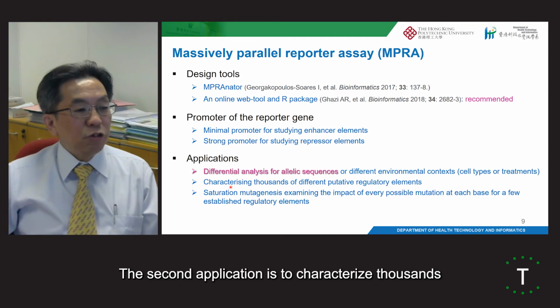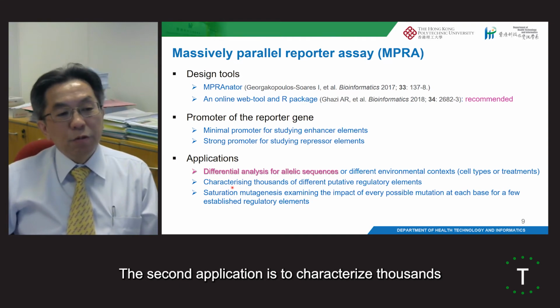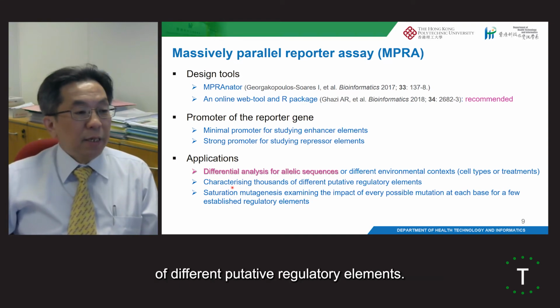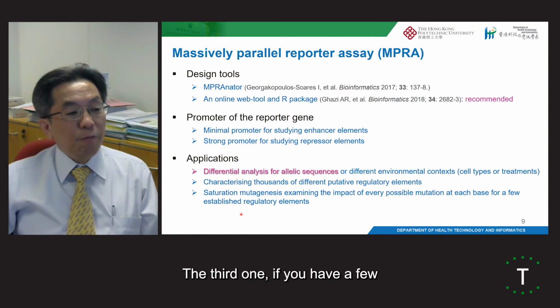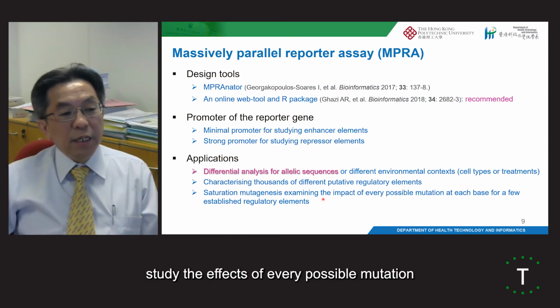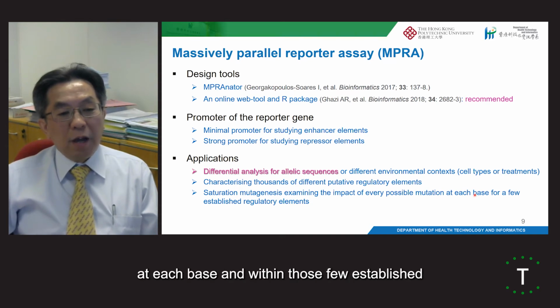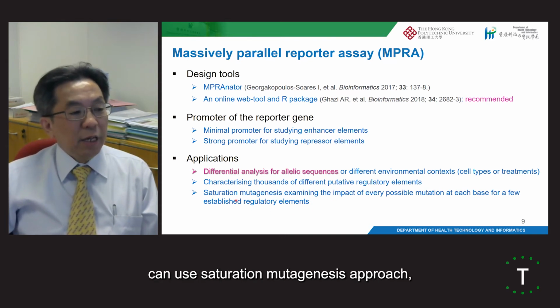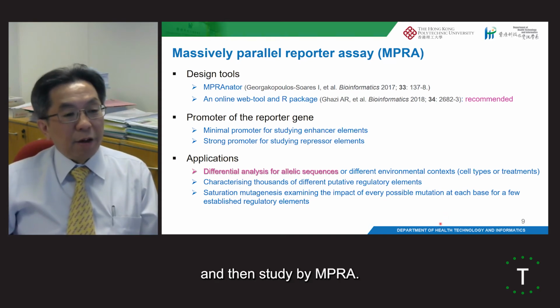The second application is to characterize thousands of different putative regulatory elements. The third: if you have a few established regulatory elements and you want to study the effects of every possible mutation of every base within them, then you can use a saturation mutagenesis approach and study it by MPRA.